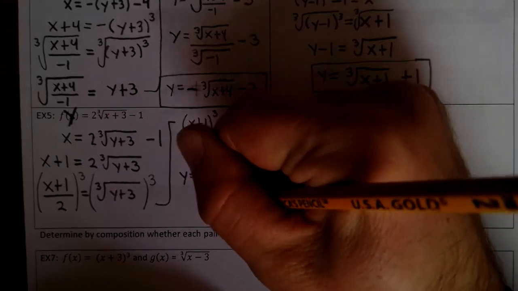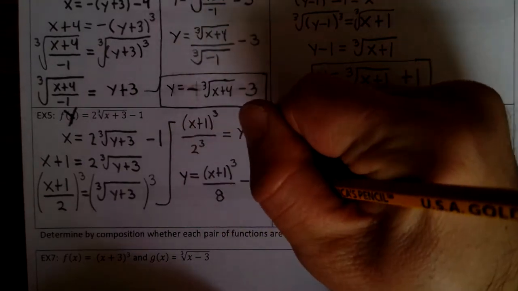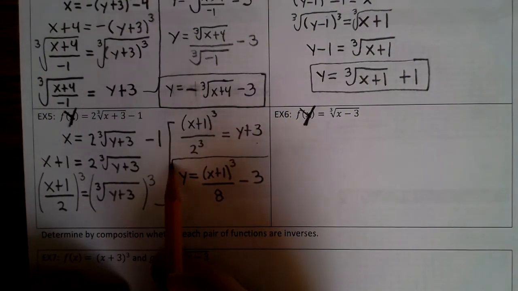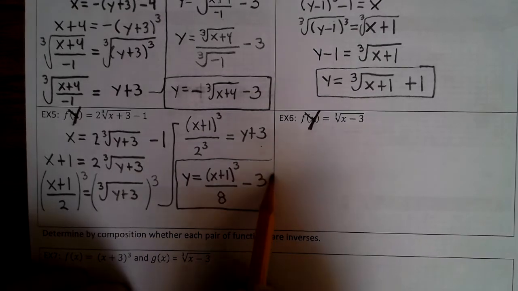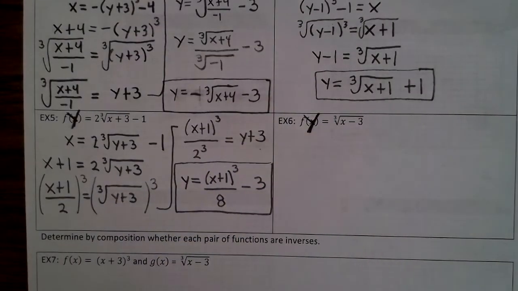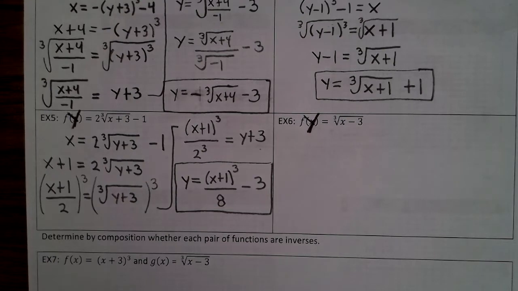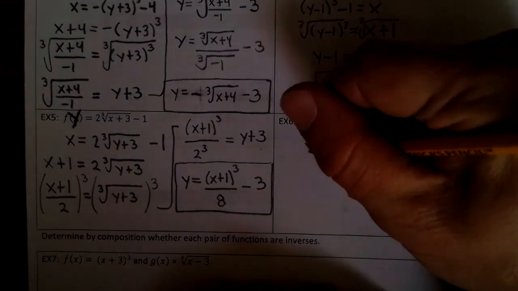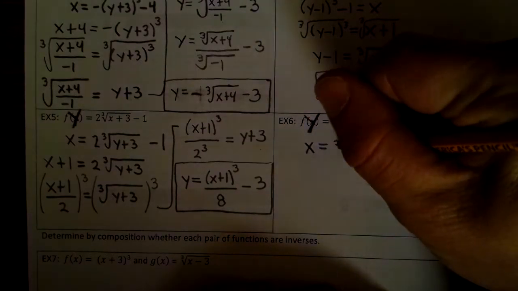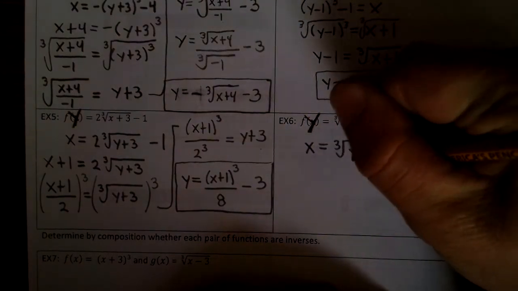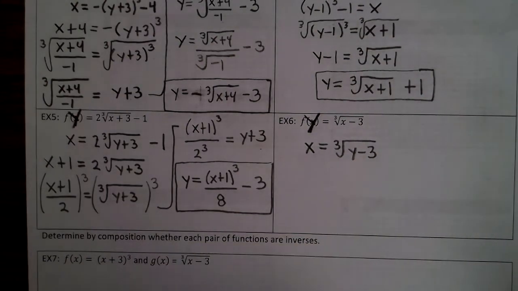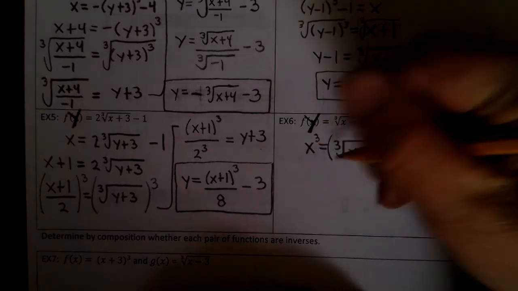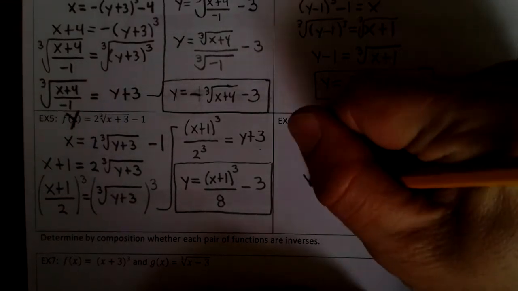All right, or I'm sorry, second to last example, example 6. Switch x and y. X equals the cube root of y minus 3. Cube both sides. So you get x cubed equals y minus 3. Add 3 to both sides. Y equals x cubed plus 3.